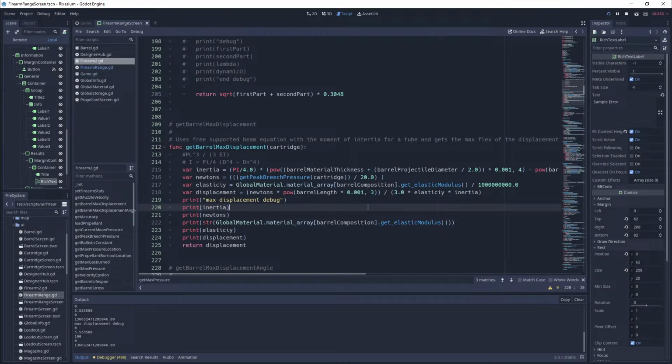Now we are going to take 0.004, bring that to the power of 4. We're supposed to have more. What is going on here? Why are you being funny?